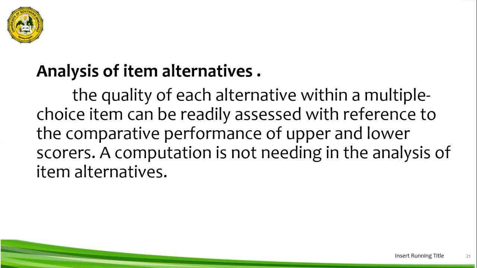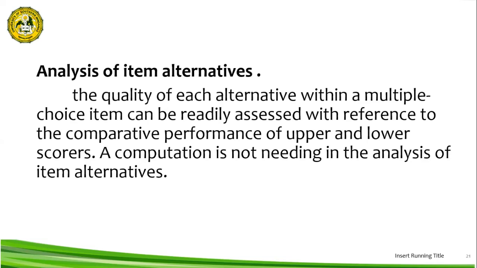So a computation is not needed in analysis of item alternatives. By only charting the number of test takers in the upper and lower groups who chose each alternative, the test developer can get an idea of the effectiveness of a distractor by means of a simple eyeball test.